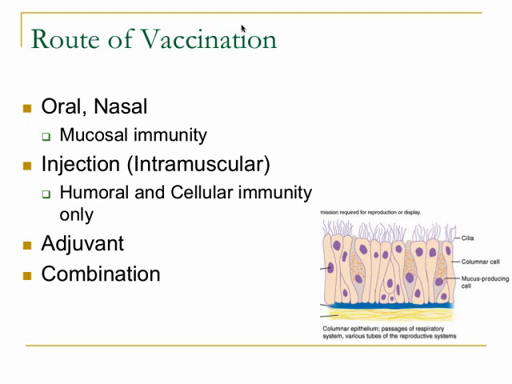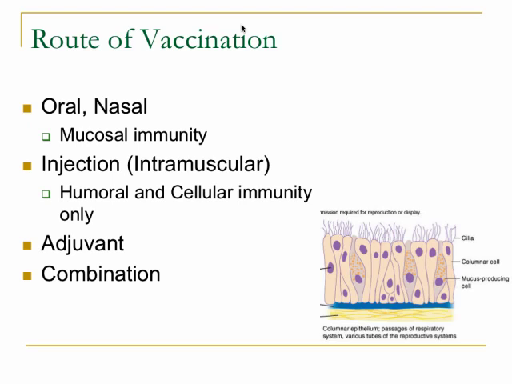Now they're using the other form, the inactivated whole virus, and so in the case of inactivated vaccines, injection is the only way that you can administer them. But in the case of the attenuated vaccines, you can administer them orally, by injection, or nasally.